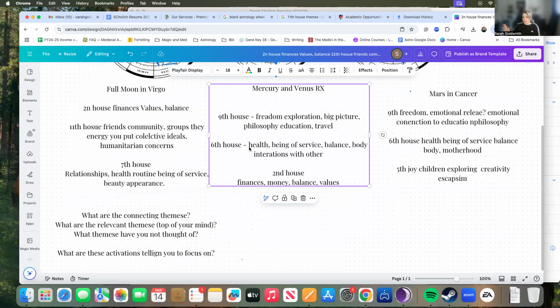So let myself take this full moon weekend and focus on these ninth house themes. They're top of mind with these other activations, which are just as prominent as the full moon, really.